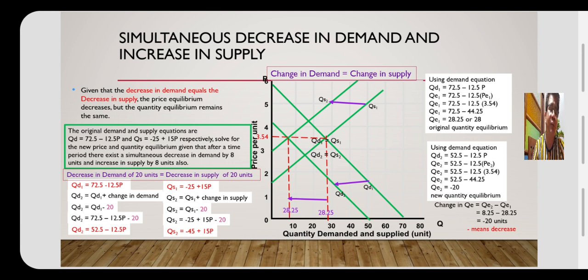So the change in quantity equilibrium is negative 20. Decrease by 20 units in quantity equilibrium. So to summarize, given that the decrease in demand equals the decrease in supply, the price equilibrium remains the same, but the quantity equilibrium decreases.